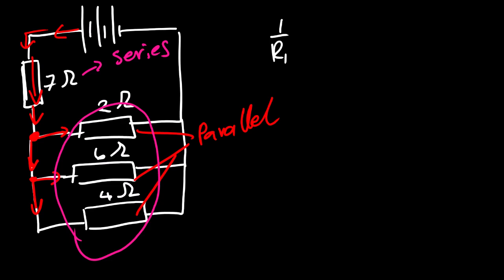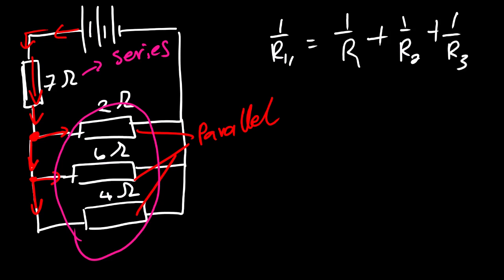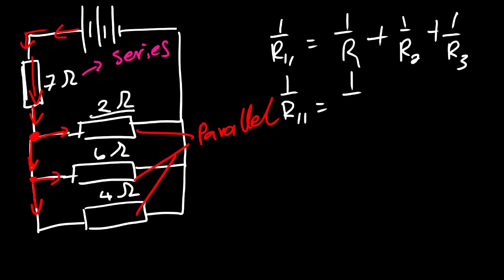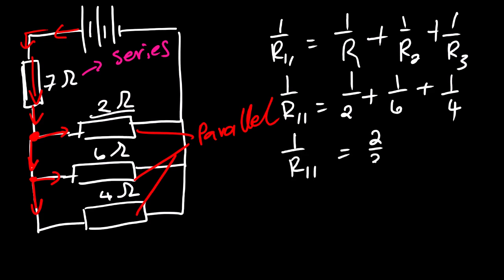So it will be 1 over R parallel is equals to 1 over R1 plus 1 over R2 plus 1 over R3. 1 over R parallel is equals to 1 over, we take this as R1. R1 is 2, 6, 4. 2 over 3. So flipping this, R parallel is 3 over 2.